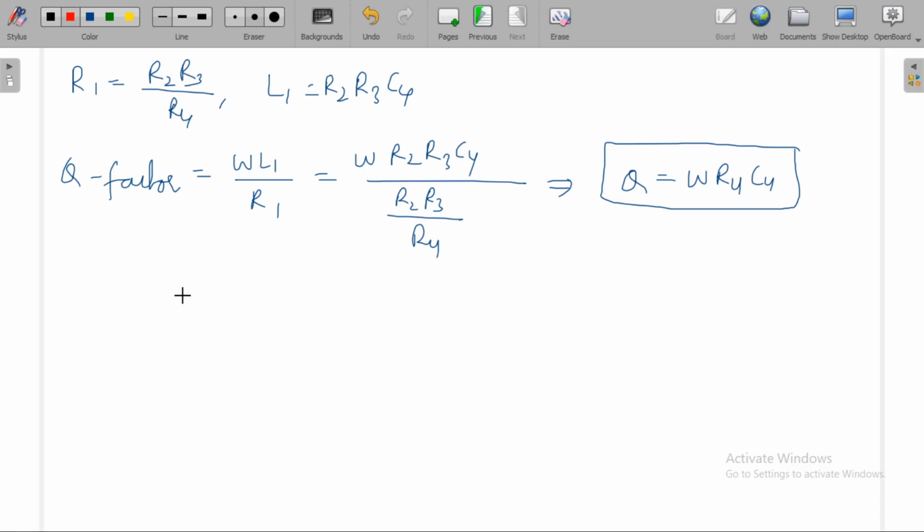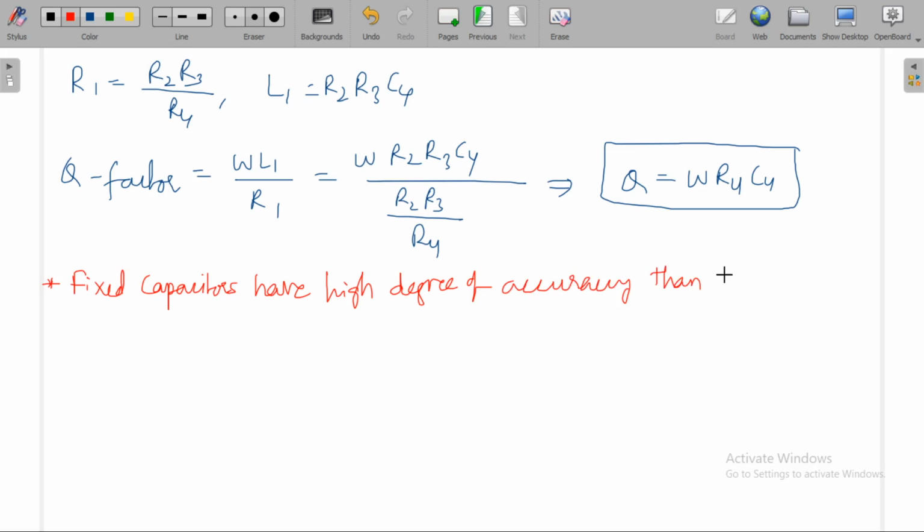Now fixed capacitors have a high degree of accuracy than variable capacitances.